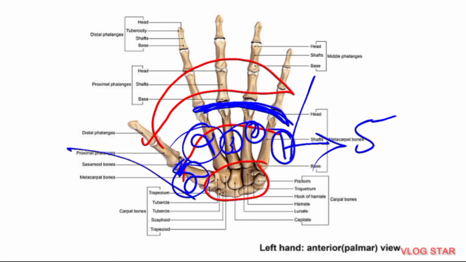Okay, and let's see the phalanges. Phalanges are 14 in number, 3 for each of the 4 fingers: 1, 2, 3, 1, 2, 3, 1, 2, 3, 1, 2, 3, and 2 in the thumb.